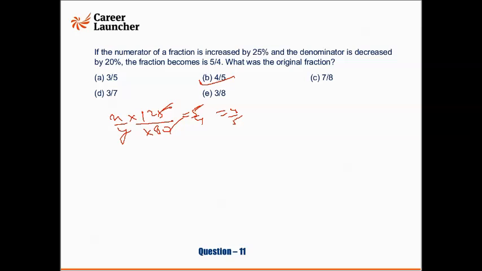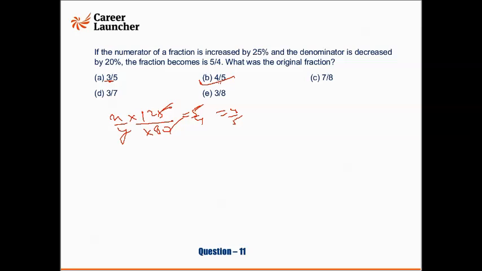So this tells us that initially the numerator was less than 5 and the denominator was greater than this, okay? Because after decreasing it by 20%, it became 4, correct? So here, you cannot calculate 25% of this numerator 3. So leave this option out, check option 4.